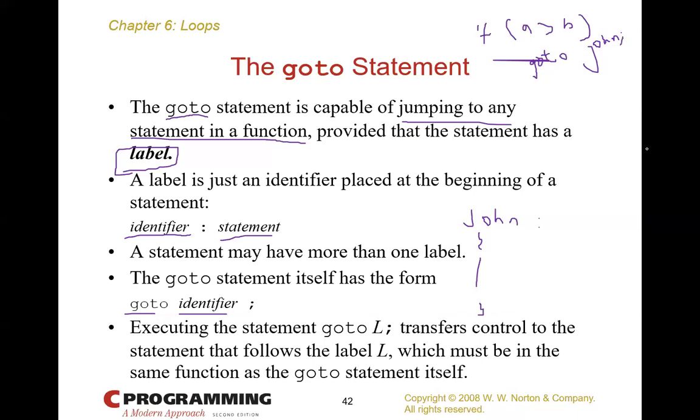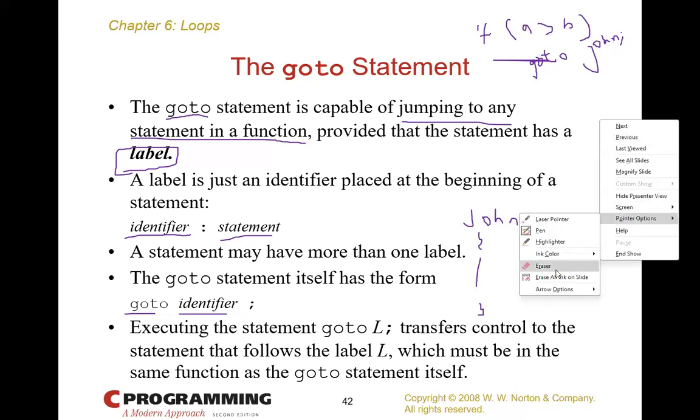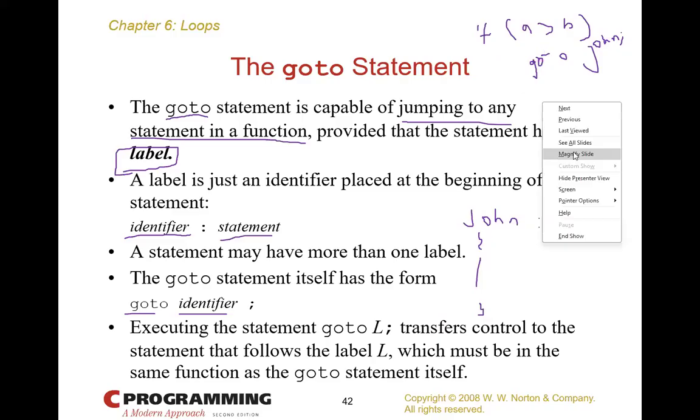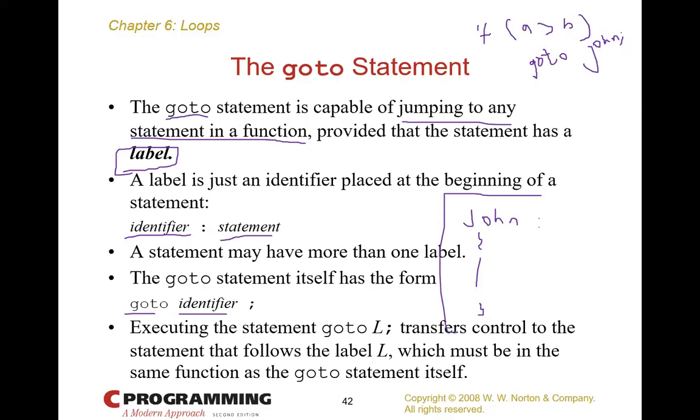By the way, it's a regular statement, so it must end with a semicolon. So what happens is if this expression is true, we go to this next line and the goto jumps us to wherever this label and its statements are.